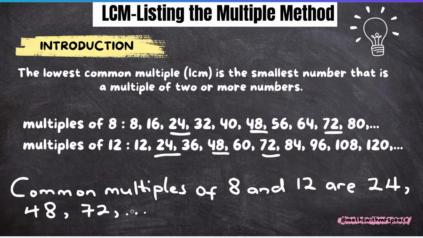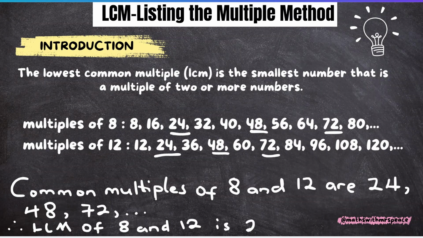Now that we have the list of common multiples, we're just going to pick the smallest one, the least one, usually the first one, as the lowest common multiple. So we can finalize by saying, therefore, LCM of 8 and 12 is 24.